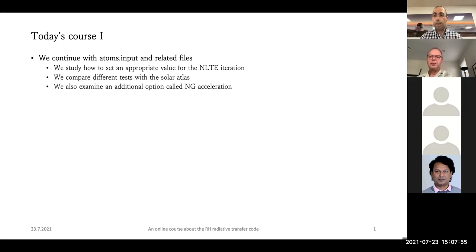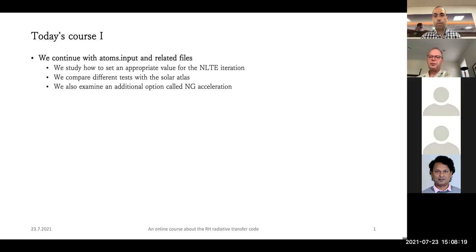And also we will learn about an option called NG acceleration that is also included in the configuration file. Sometimes we use it as default, but we may not really understand what it means or what is the impact on the computation. So I will try to spend some time on that today.